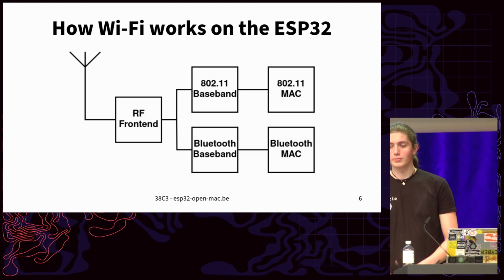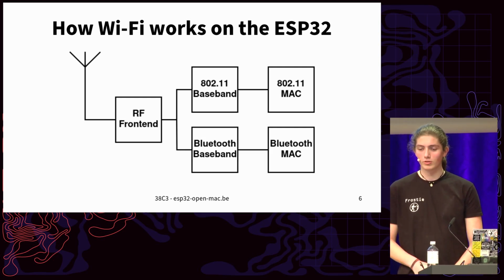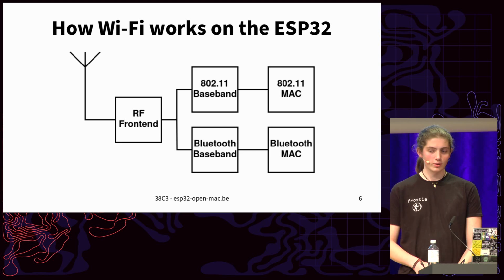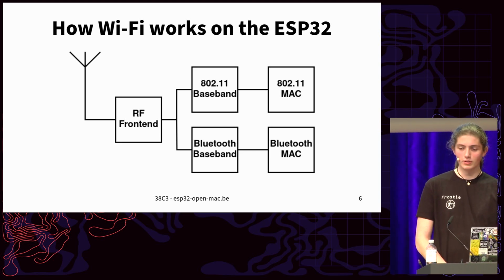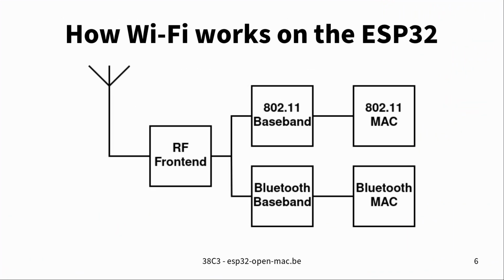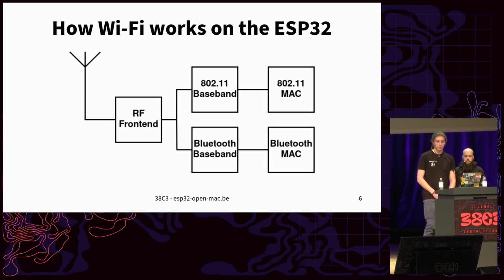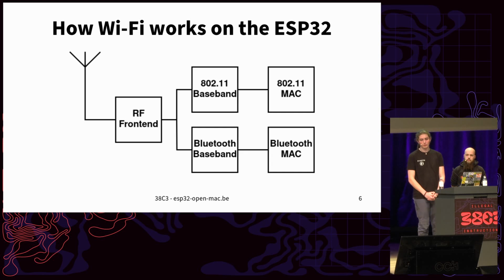How Wi-Fi works in the ESP32. This is a diagram I made. It's just the hardware of the ESP32. And on the left, you have the antenna, which is connected to the RF front end, which does all of the high-frequency stuff and converts the digital signal that arrives from the basebands to an analog signal and in reverse for receive. And you have the Wi-Fi baseband, which is here labeled 802.11 baseband, and the Bluetooth baseband, which then generate the modulated signal in a digital way.